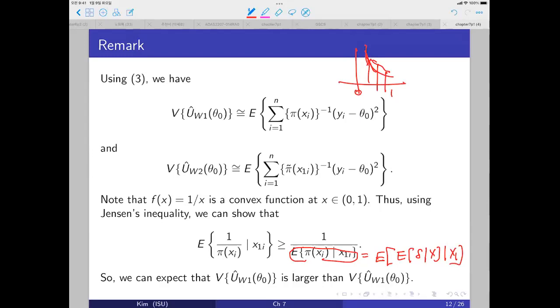This guy is nothing but this, which is pi tilde. So if you view it as a weight, this weight is higher than this weight. And this guy is positive, right? So we can expect that this is usually greater than this one.